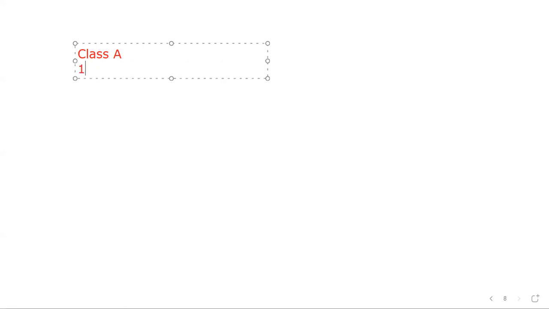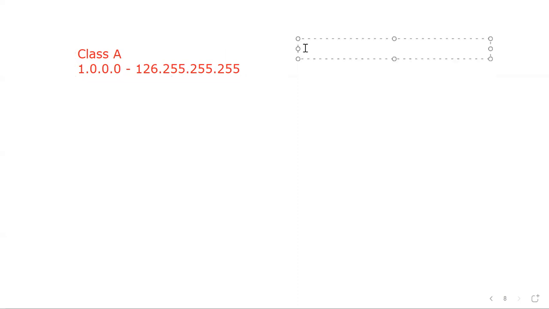What range will be given? 1.0.0.0 to 126.255.255.255, right? So in class A, we have the first octet as network and the other three are hosts.